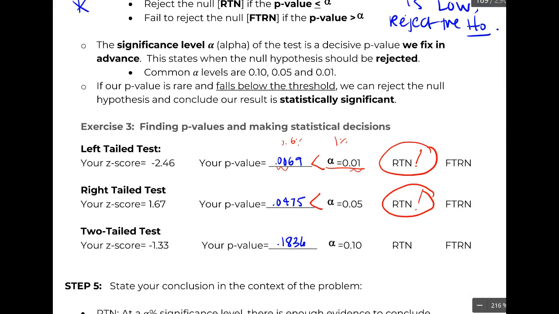And the last one, we have 18 versus 5, so that is larger. This is the first one where I'll put my sad face because we would fail to reject the null hypothesis in this example. And again, there's this connection between an unusual z-score, a small p-value, and making something statistically significant versus a not so unusual z-score, a larger p-value, and then failing to reject the null hypothesis.